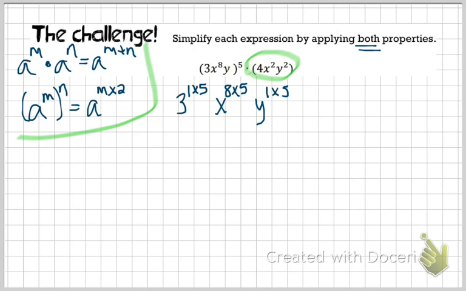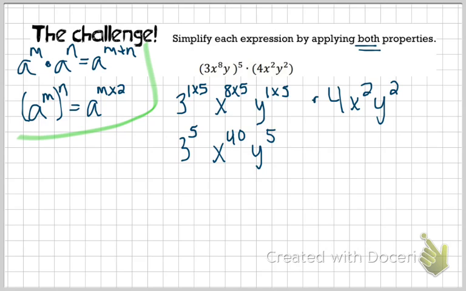I'm going to write this over here on the side, times 4x squared y squared. So then we get that this is 3 to the 5th, x to the 40, and y to the 5th, times 4x squared y squared.